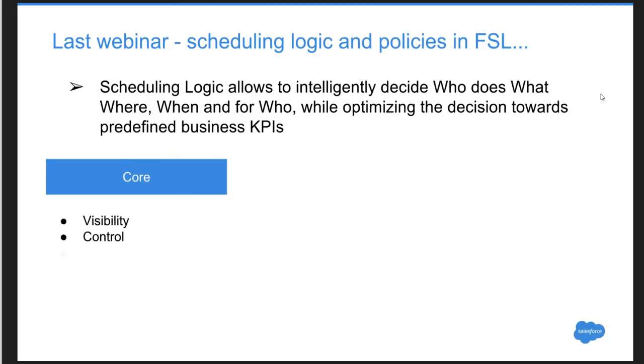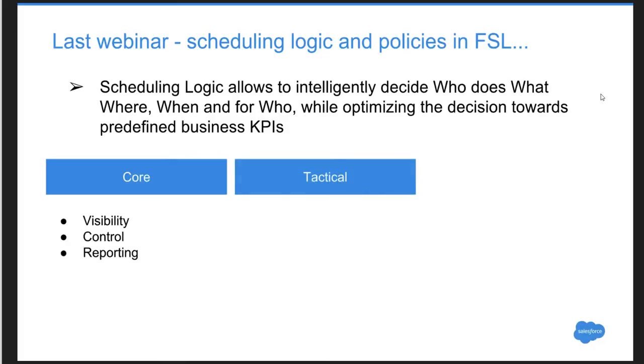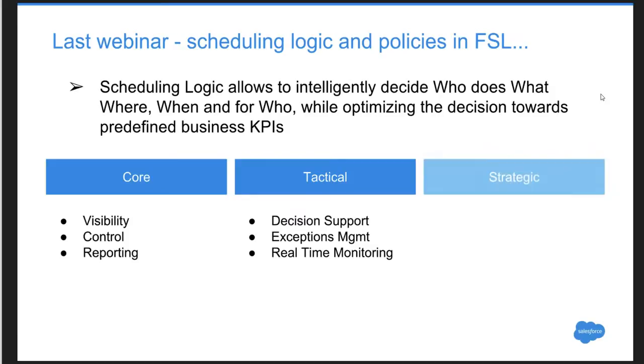We talked about being able to address several key objectives. The core objectives of visibility, control, and the ability to report in real time on what's going on in the field and having live feedback. We talked about tactical objectives of supporting the decision-making of the dispatcher, helping to manage exceptions throughout the day, whether somebody calling in sick or a customer changing their appointments, and of course, the real-time monitoring of the operation.